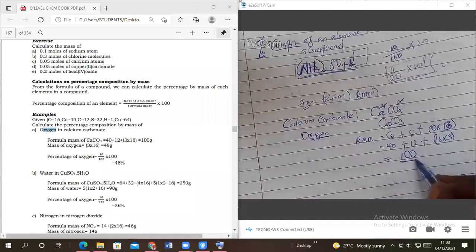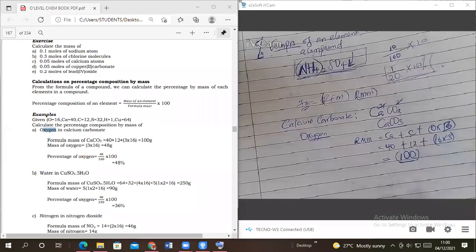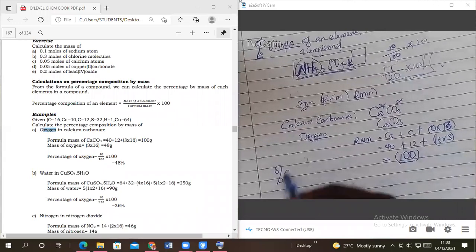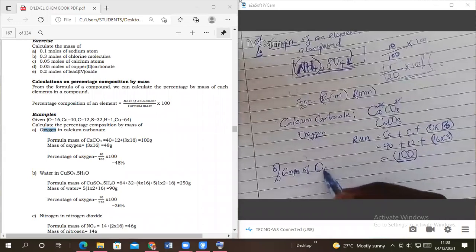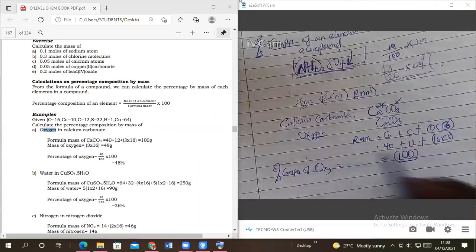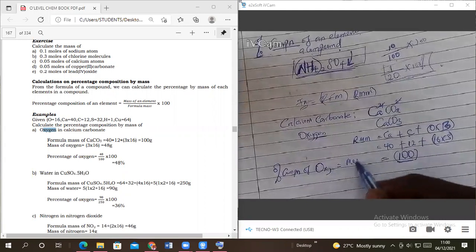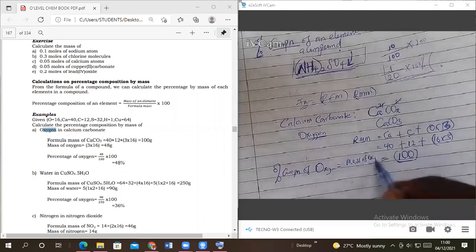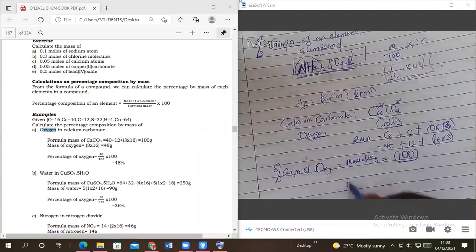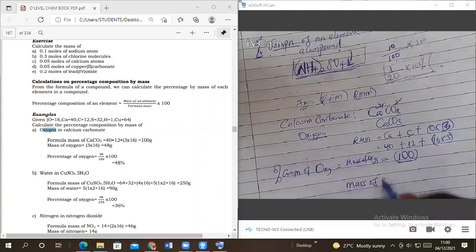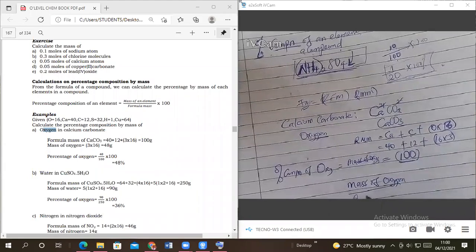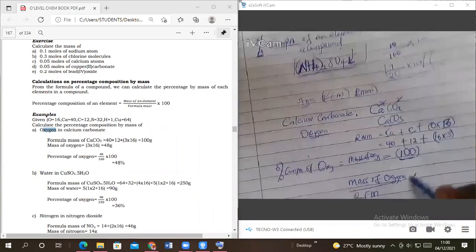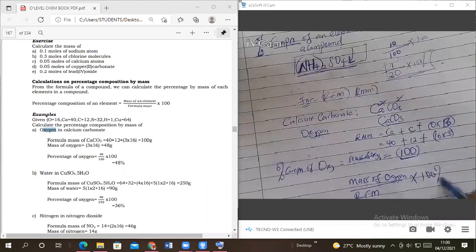So if this is the relative formula mass, the percentage composition of oxygen is going to be the mass of oxygen divided by the relative formula mass of the given compound times 100%.